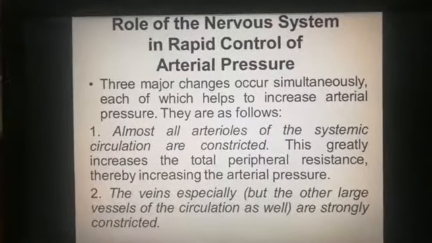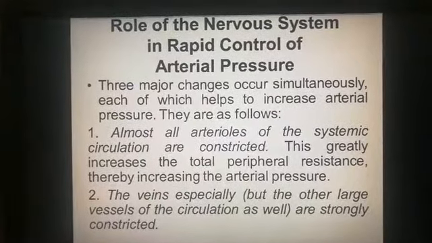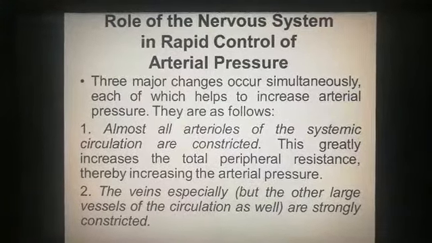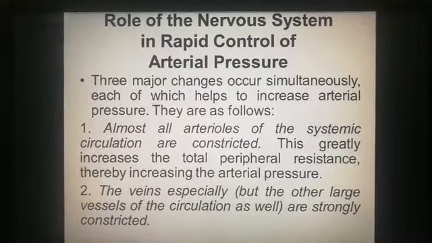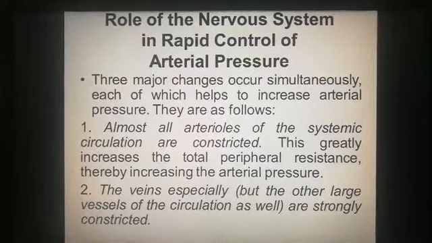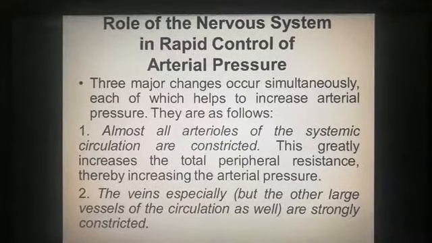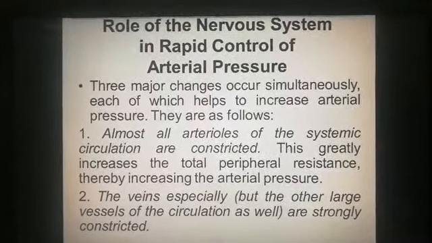Role of the nervous system in rapid control of arterial pressure. Three major changes occur simultaneously, each of which helps to increase arterial pressure. Almost all the arterioles of the systemic circulation are constricted.